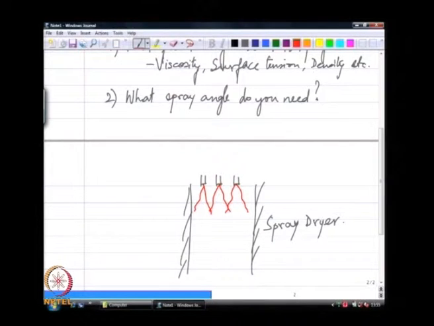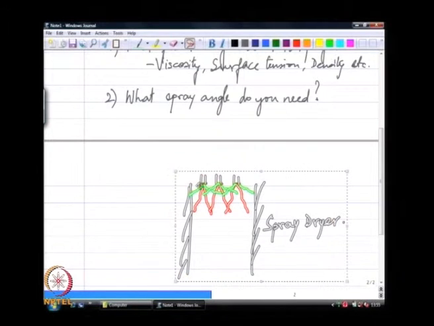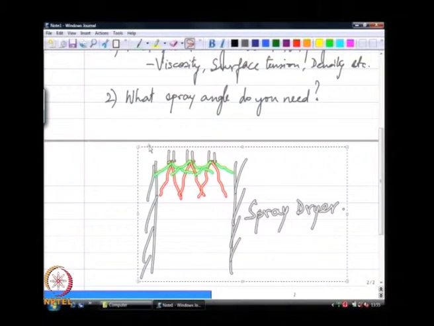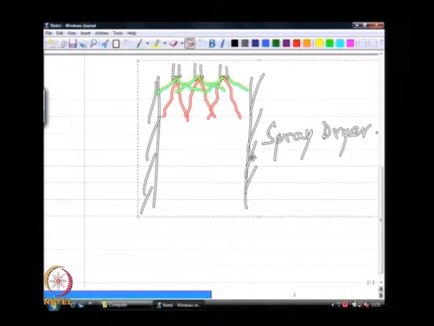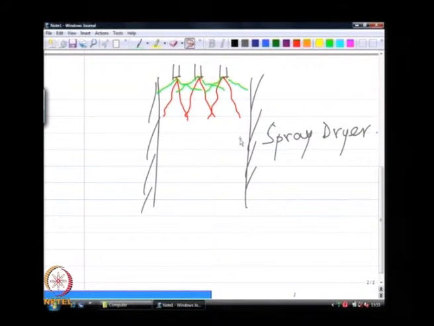If I make these too wide, then the issue of impingement on the walls etc. becomes relevant.